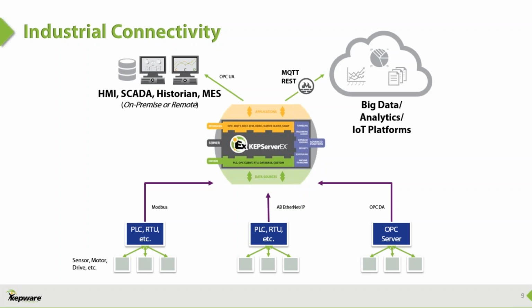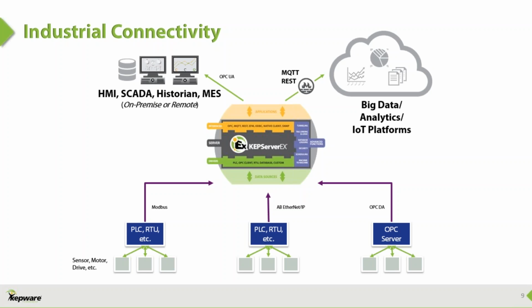And this is basically an architecture of what you might see in an industrial environment. On the top left, you'll see your HMI, SCADA, Historian, MES type applications. This is the traditional path where data flowed from Kepware. Moving down the stack, you have your PLCs and RTUs, which are connected to your sensors, drives, and motors. All this data moves up into Kepware.